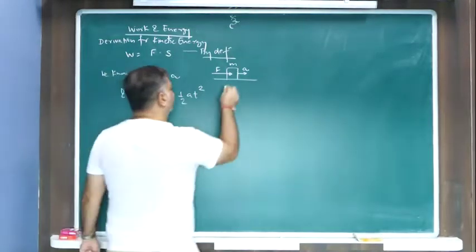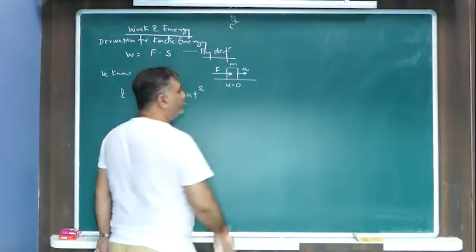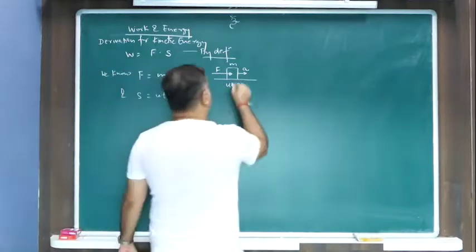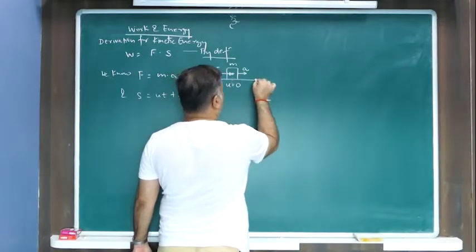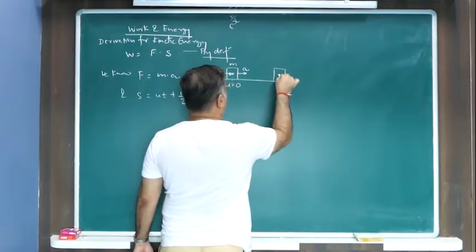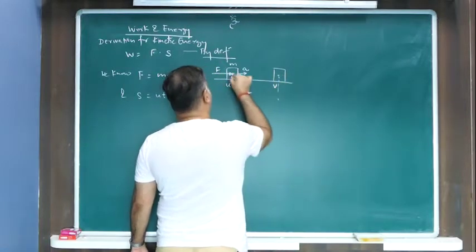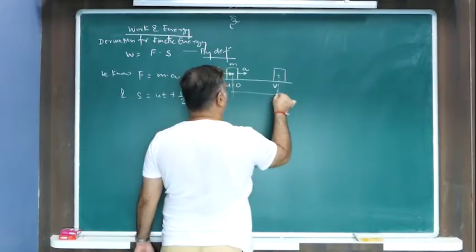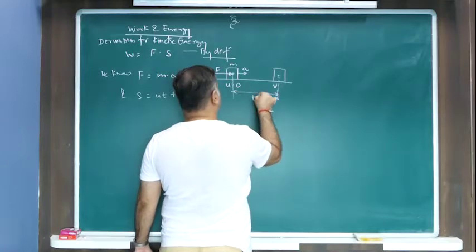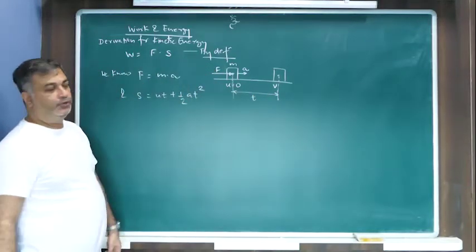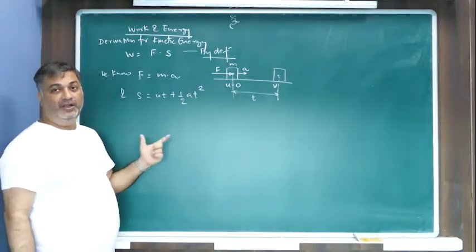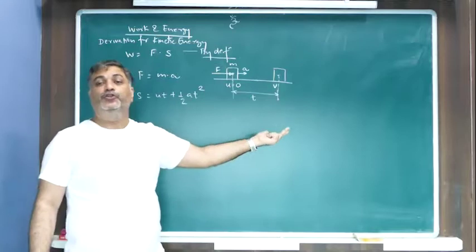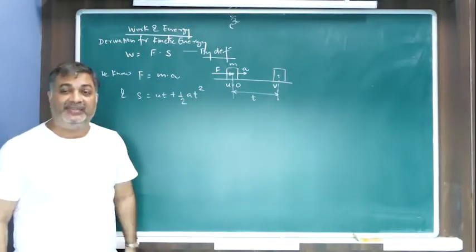Initially the body was at rest, so u is equal to 0, and when it starts moving, let's say it attains a final velocity of v, and the time it took to reach from this place to this place is t. So this is the situation we are dealing with, and we want to find the kinetic energy of this body. How much kinetic energy will it possess?